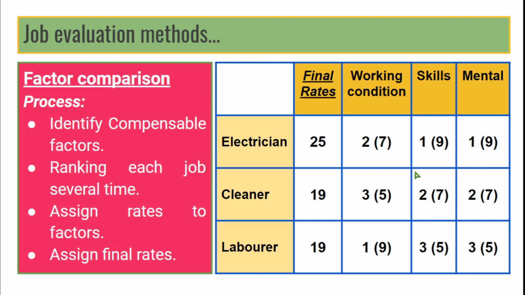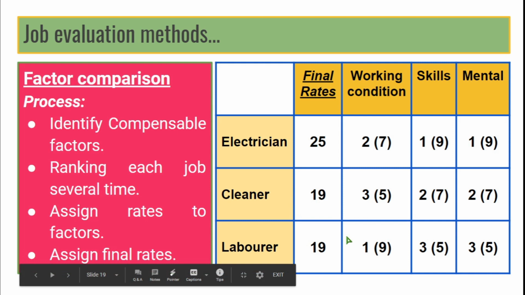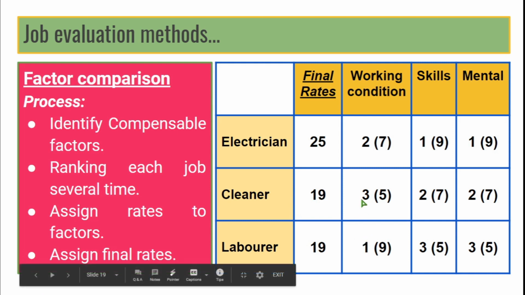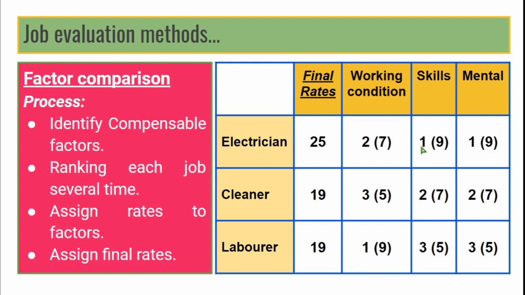Alright, please note, we are doing ranking among different jobs and not among different compensable factors. You can see in the figure we have 3 jobs and 3 ranks. Like for skills, we have first rank for electrician, second rank for cleaner and third rank for laborer.